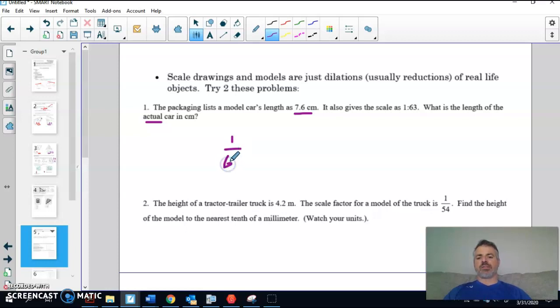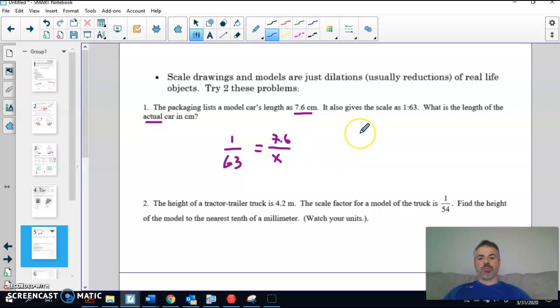So I'm going to use 1 to 63. So since that is a ratio, that means 1 unit on the model is equal to 63 units on the actual. So I'd set up a proportion here, and since this 7.6 is from the model, it goes up where the 1 goes because that's from the model there. So that would be 7.6 over what I'm looking for, the corresponding length of the actual one.